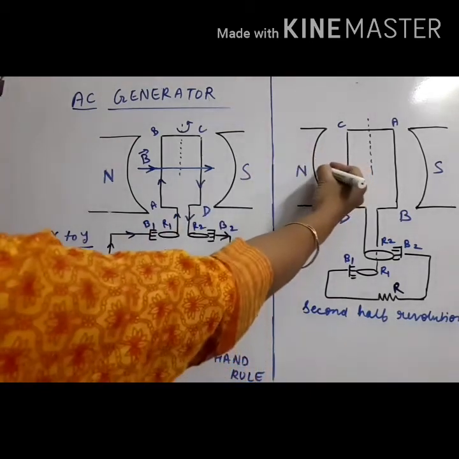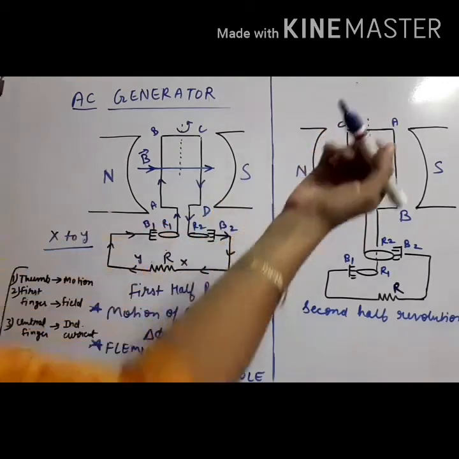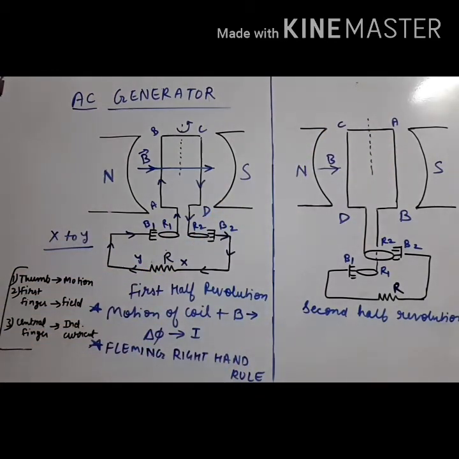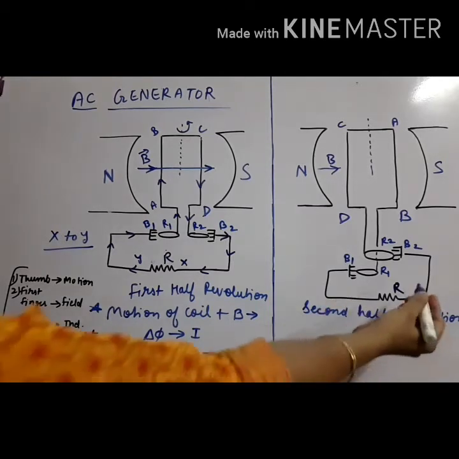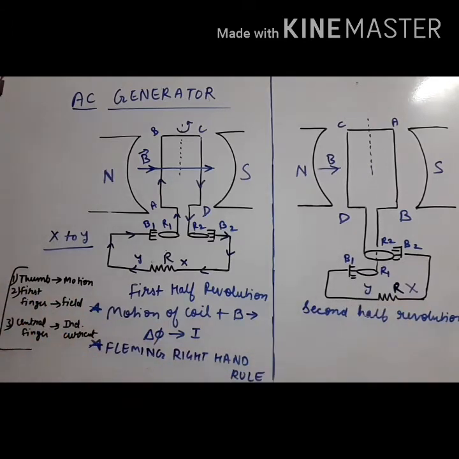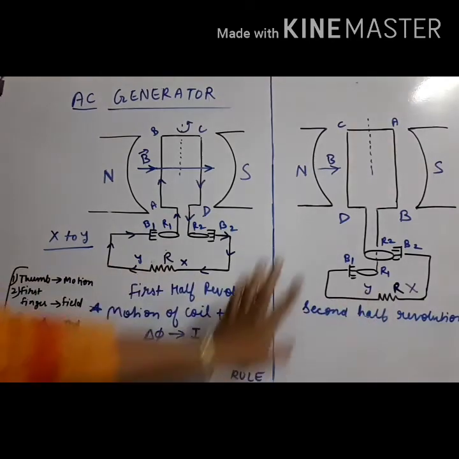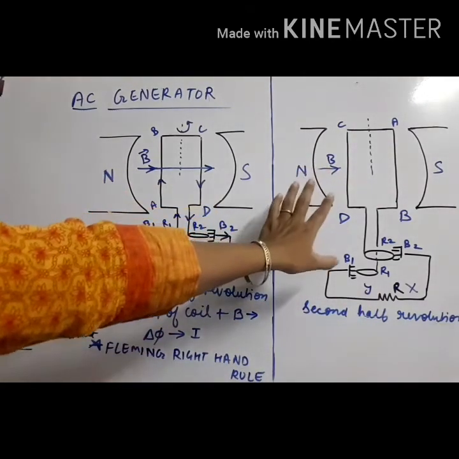Magnetic field is from north to south. CD's motion is normally out. We will apply Fleming's right hand rule to find induced current direction. I will first write here X and Y, and now I will find out whether the current is now flowing from X to Y or Y to X in the circuit. For that I need to apply Fleming's right hand rule.